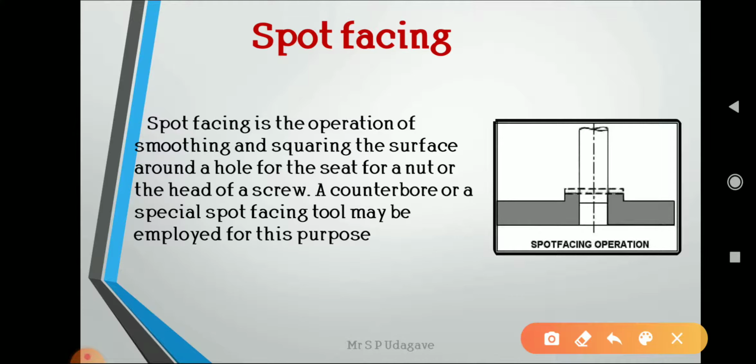We can see in the figure that the shoulder of the nut or bolt can rest easily on the workpiece. So we clean that part, removing some amount of metal from the surface near the initially drilled hole. That is called the spot facing operation.